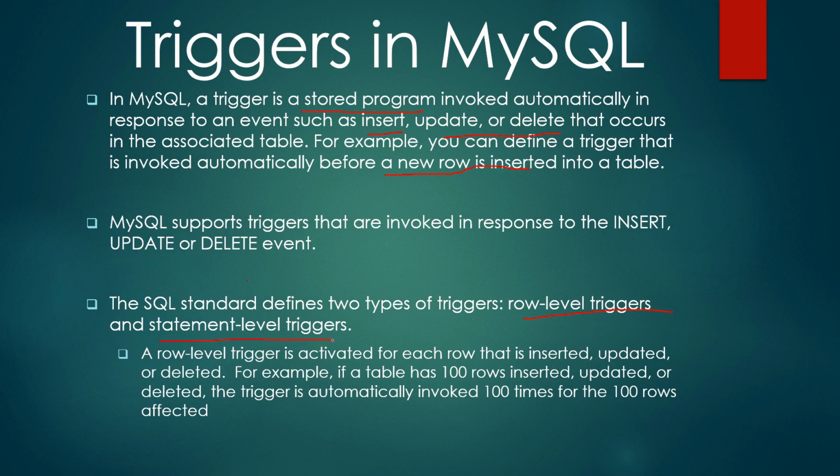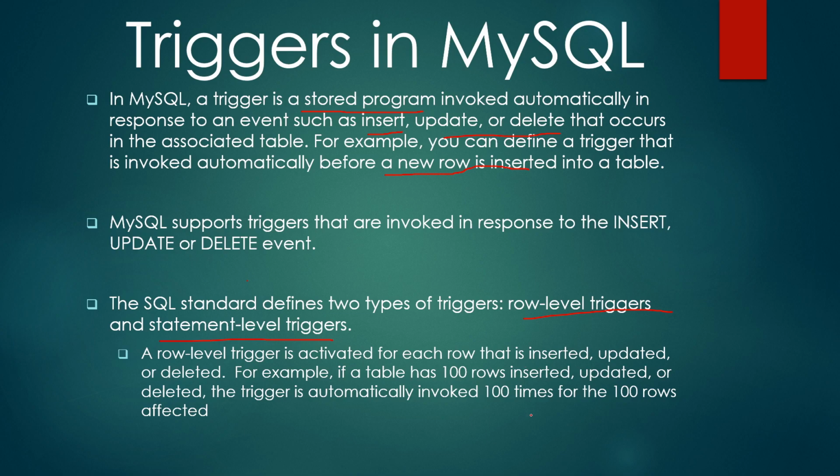So basically, as I said, SQL is a standard format for all DBMS designers and developers. So basically, the SQL standard defines two types of triggers. We have row level and statement level. So let's understand row level. A row level trigger is activated for each row that is inserted, updated, or deleted.